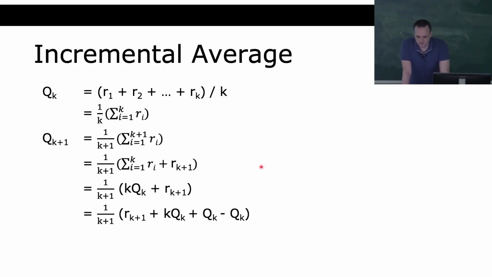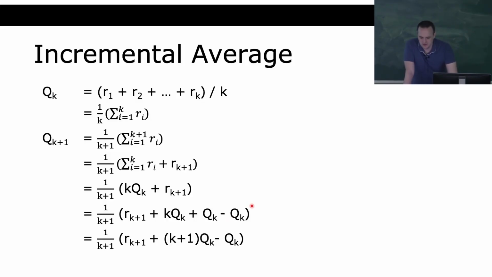Now, because I've got a k outside here, I'm going to do that little mathematical trick where I add something and subtract itself. So I'm net adding 0, but it'll make things mathematically a little bit nicer. So now I've got k Q_k plus Q_k minus Q_k. Then I'm going to factor out, because I've got k Q_k's here and 1 Q_k here.